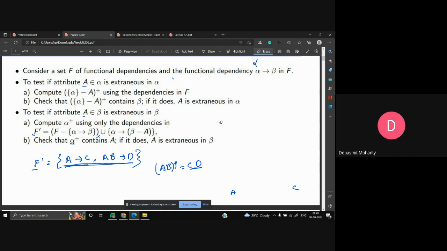Suppose there is A determines C and AB determines CD. Is C an extraneous attribute or not? You have to find it if you break the dependency AB determines C.